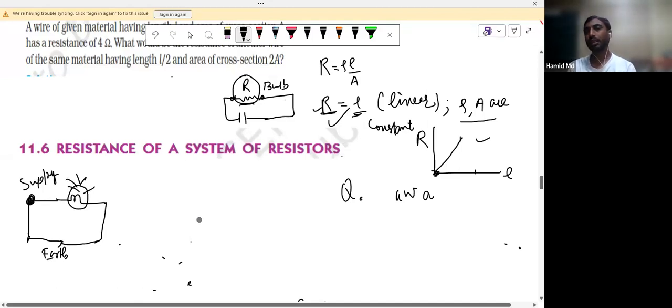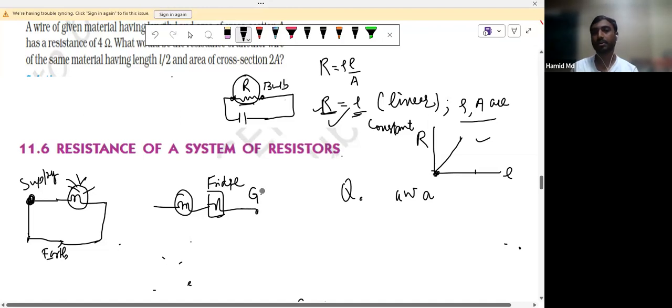Suppose we have to connect n number of appliances. This is a bulb, then a fridge. I don't know the symbol of a fridge, so I will write fridge. Now I have to add a geyser. Here is the geyser. Now I have to connect a mobile charger.